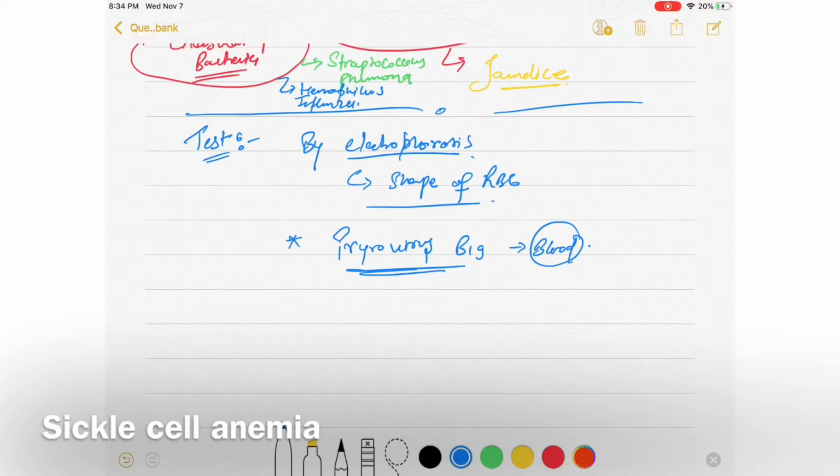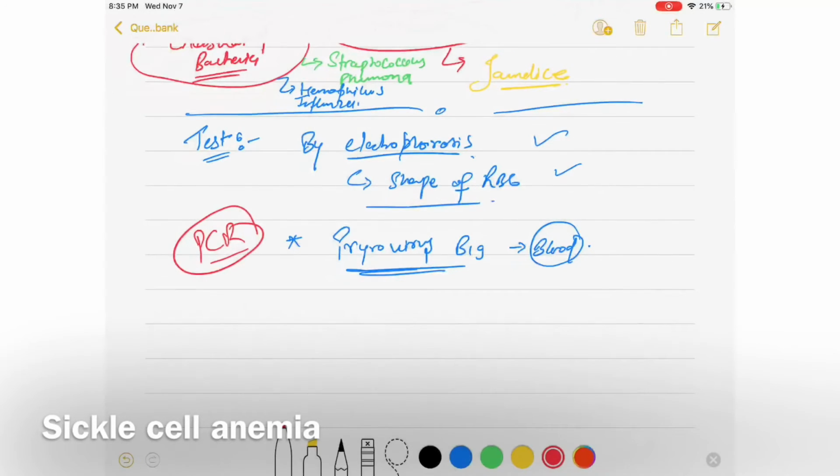Next, in the tests, we check for pyruvate in the blood, and the next one is electrophoresis.